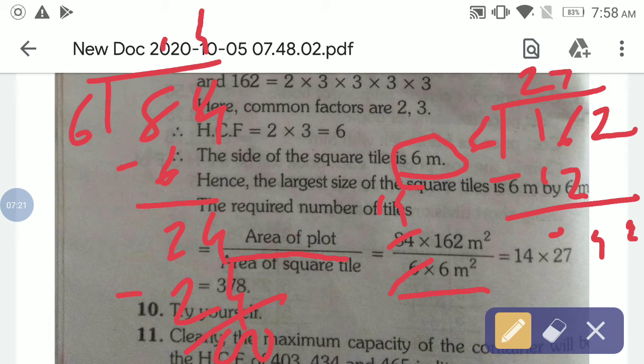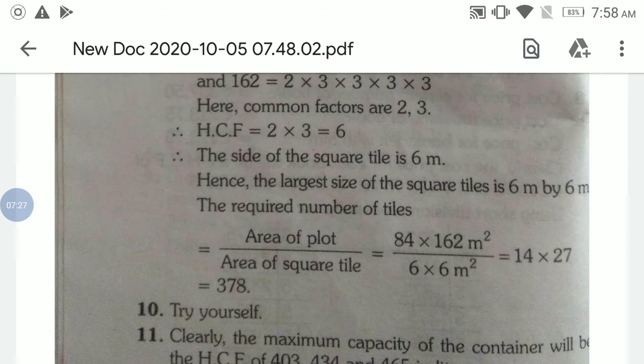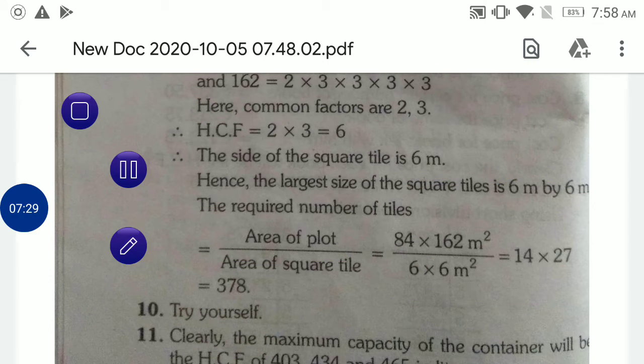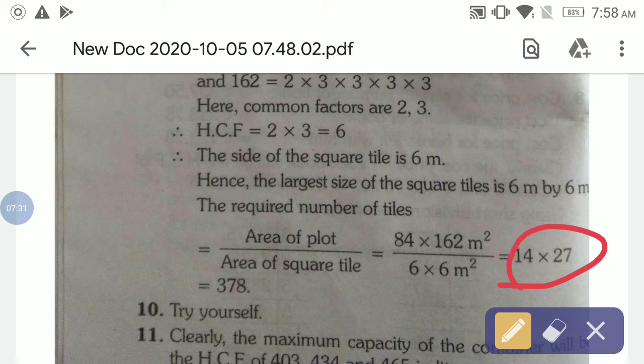So 6 7s are 42, and you get 27. So you will get 14 multiplied by 27, and if you multiply it, you will get the final answer 378. So how many tiles are required? 378 tiles are required. In this way you have to do the ninth sum.